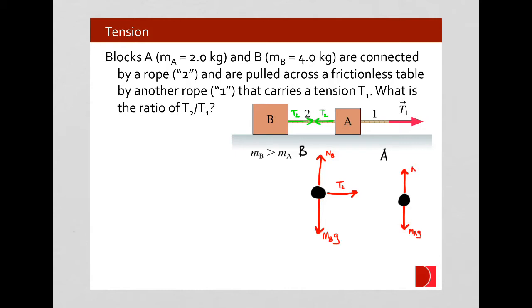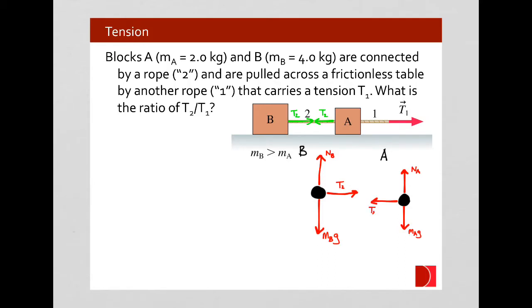The normal force is smaller because it's canceling out a smaller gravity, but we know that those will cancel as well because the blocks are staying on the table. They're not moving vertically. Now, if we have T2 acting to the right for block B, we should also have a T2 acting to the left on block A.